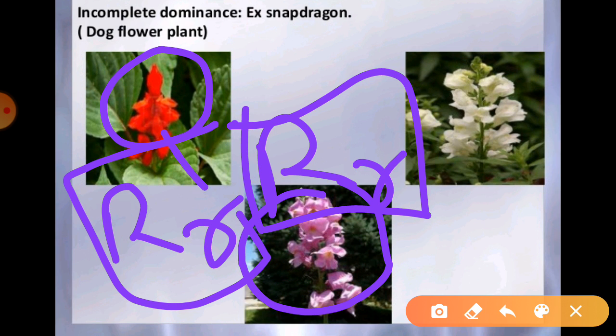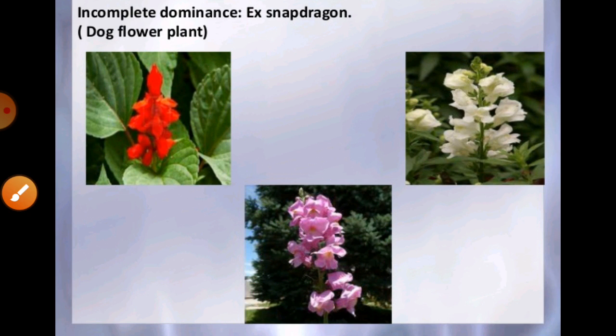So it means that only incomplete dominance is found. If you talk about the phenotypic ratio, you will always get 3:1. But if we talk about the genotypic ratio, we will get 1:2:1. Means one red flower, two pink flowers, and one white one.